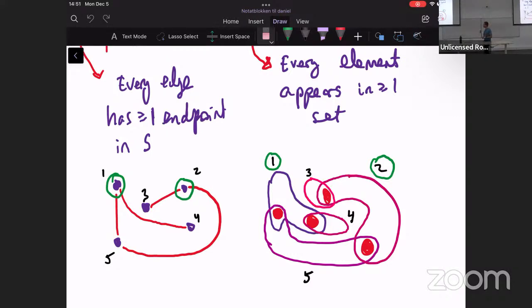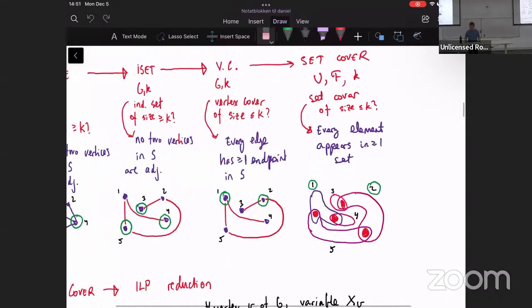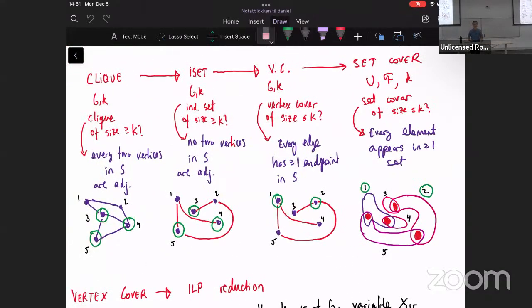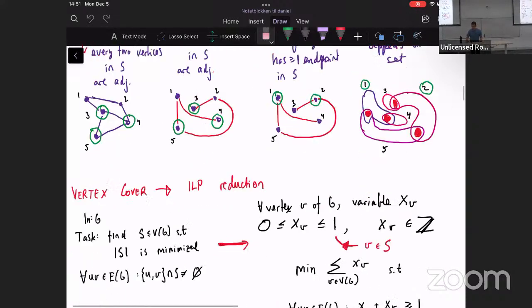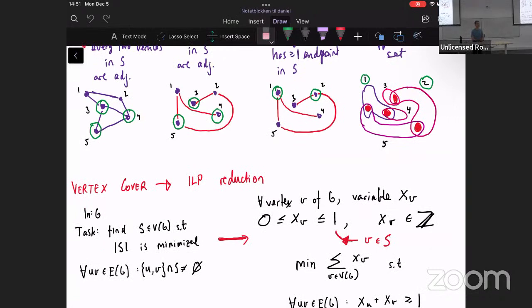Okay. All right, so now, any one of these problems we could reduce to ILP in order to show that ILP is NP-complete. Let's show that ILP is NP-complete by reducing from vertex cover to ILP. Okay.